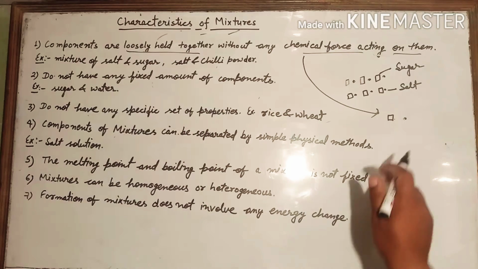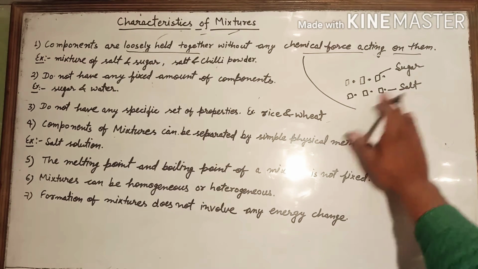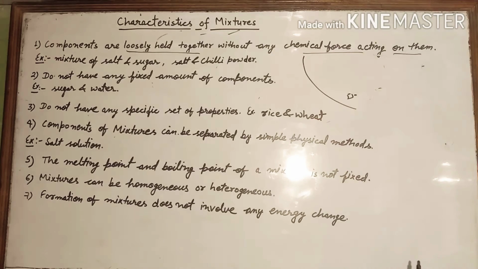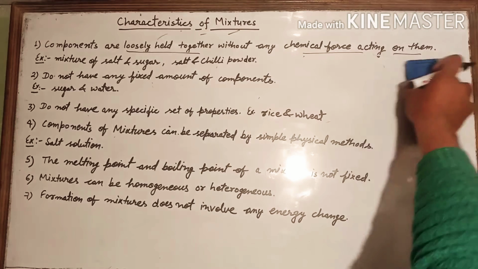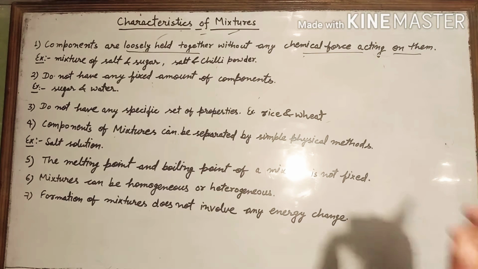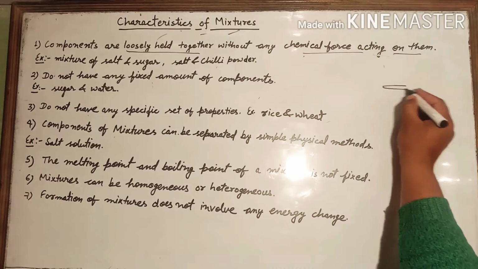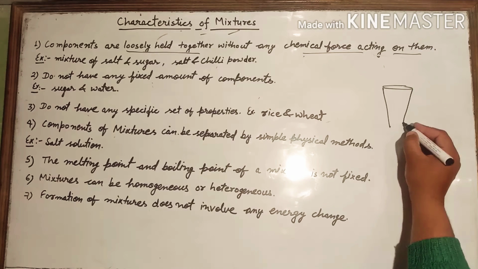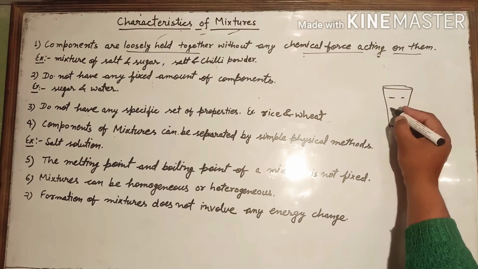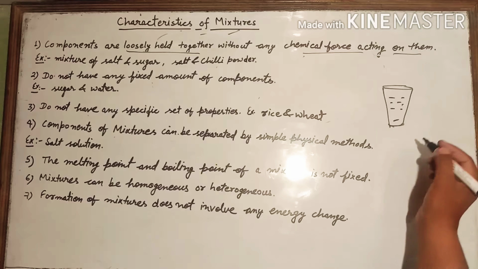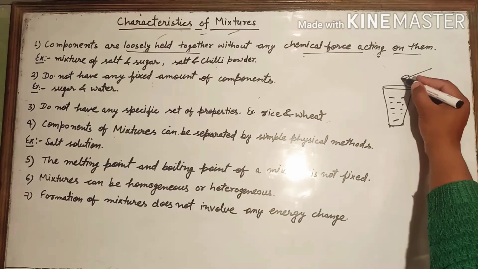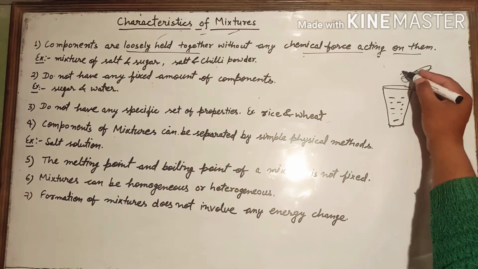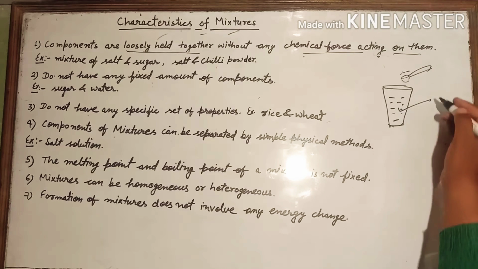Now the second point: they do not have any fixed amount of components, meaning in a mixture there is no fixed proportion of the components. We can understand this with an example. Suppose this is water in this glass. If you put 1 spoon of sugar in this, the solution will have a little sweetness.